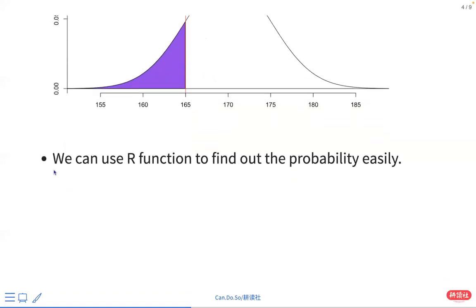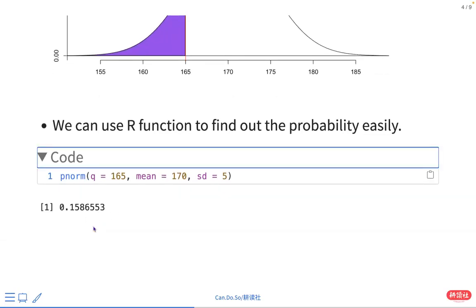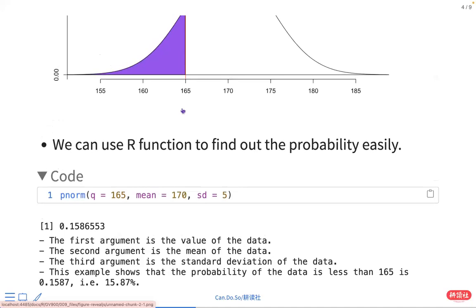And we can use an R function to calculate this. The R function is pnorm. The first argument, q, is the value of the data, which means this one.